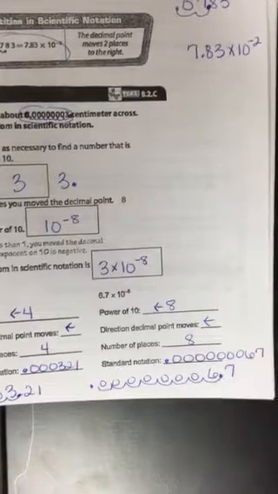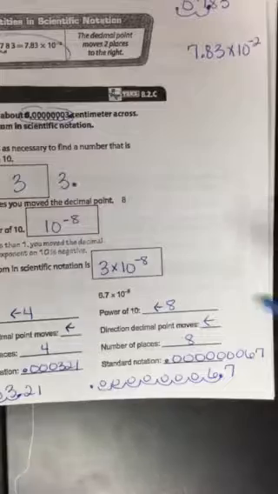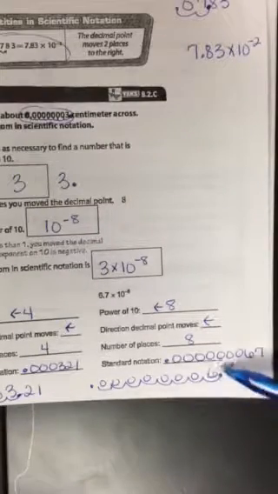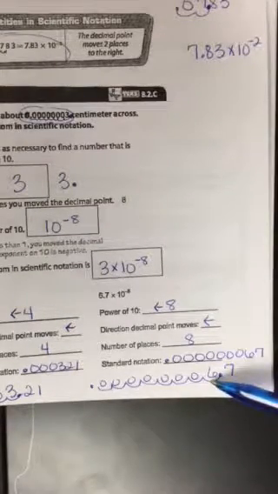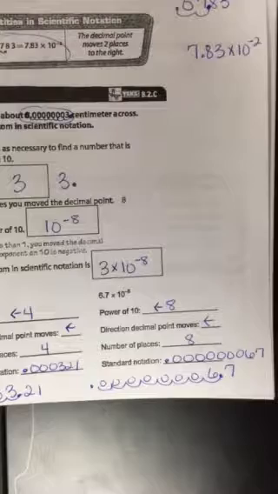If you can't remember that, if you don't understand that when you take 1 away from 8 because we're accounting for this number here, that makes 7, then just go ahead and draw it out and put all of your zeros. If you have any questions, please come see me during zero period.